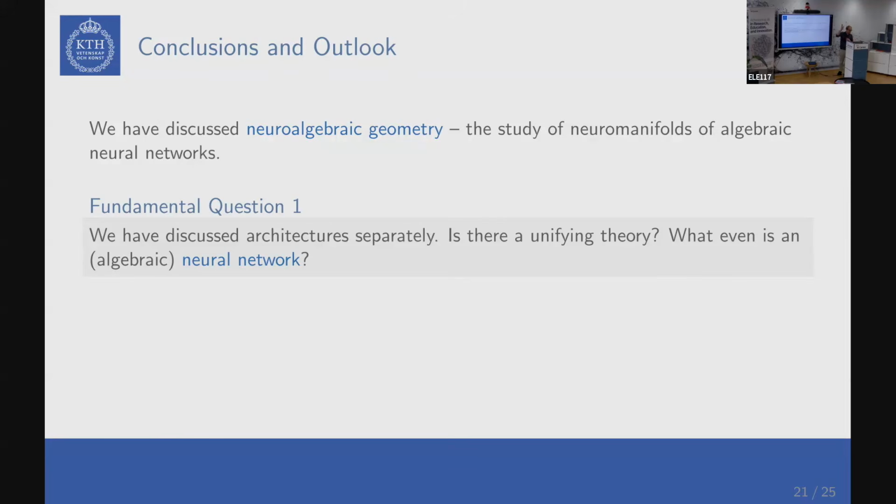Maybe you got the flavor, especially in the identifiability story, that many results in this field are proven model by model. We don't really see a general picture in how the proofs and the results are carried over. I mean, at this point, I'm not even sure what is a neural network.